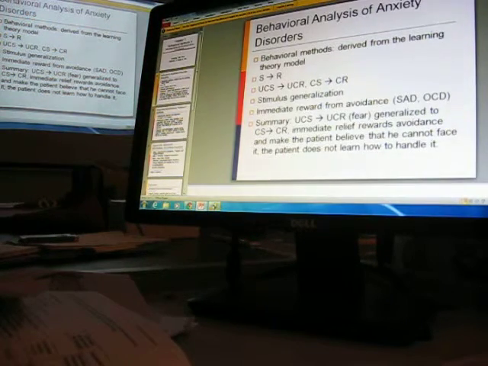And when you know this behavioral principle, then you come up with the exposure method. Patients learn that the avoidance gives them immediate relief from the fear, so the patient keeps avoiding, always avoids, and then they never learn that they can actually manage the fear.